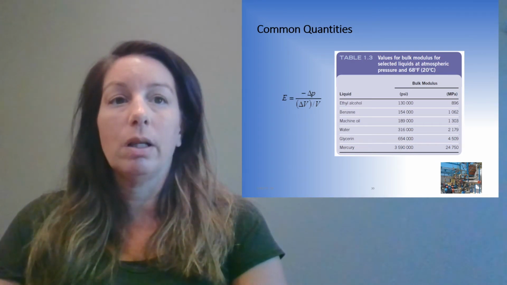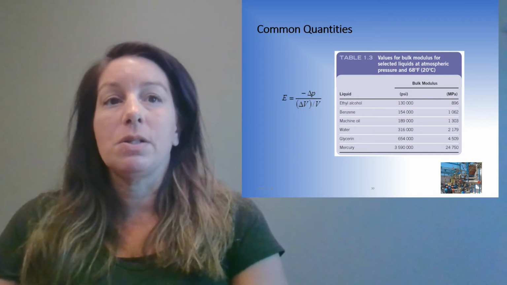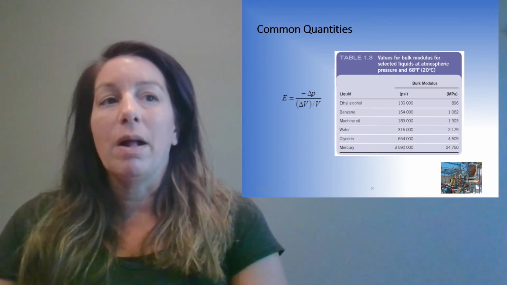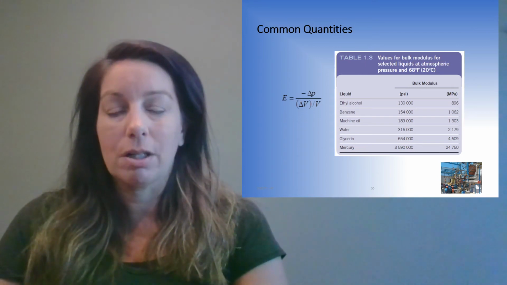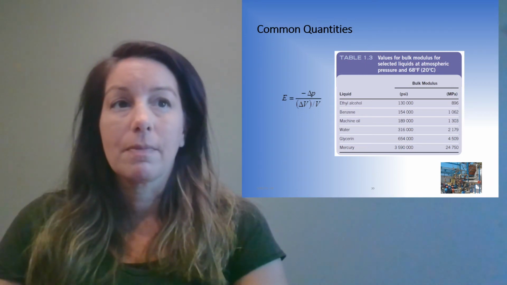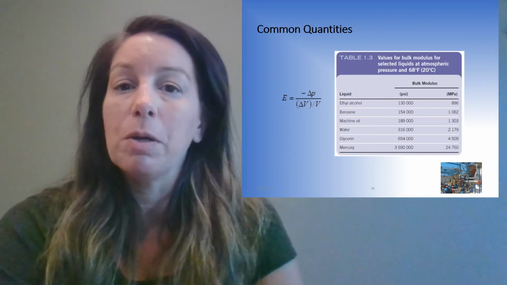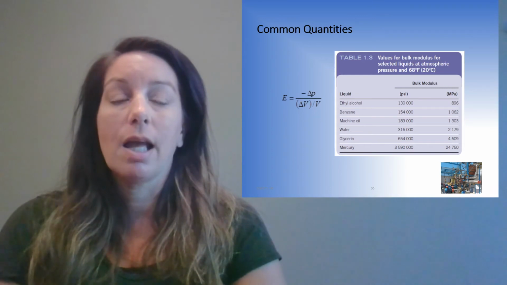Benzene, machine oil, you can see, so benzene is 1062, so you have to put 1062 megapascals of pressure onto a unit volume of benzene in order to make it change any kind of volume.